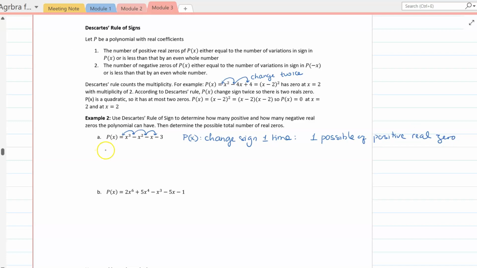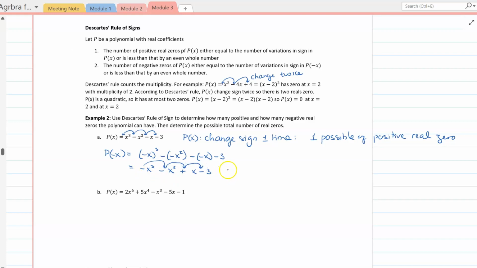Okay, so let's take a look at P of negative x. Well, P of negative x equals negative x to the third minus negative x squared minus negative x minus 3. This becomes negative x to the third minus x squared plus x minus 3. So let's see how many changes of sign. Negative to negative, negative to positive, 1, 2.